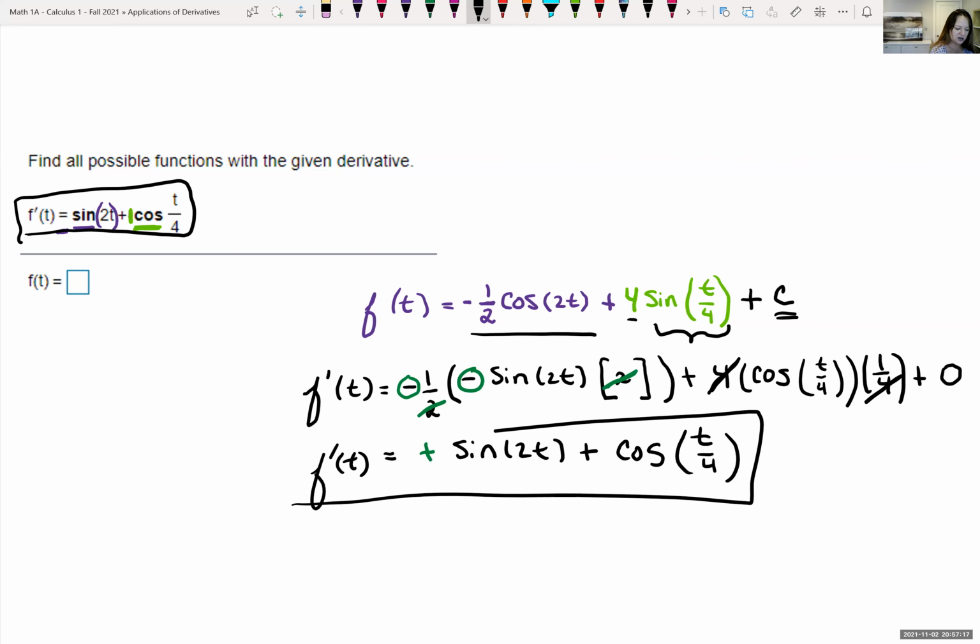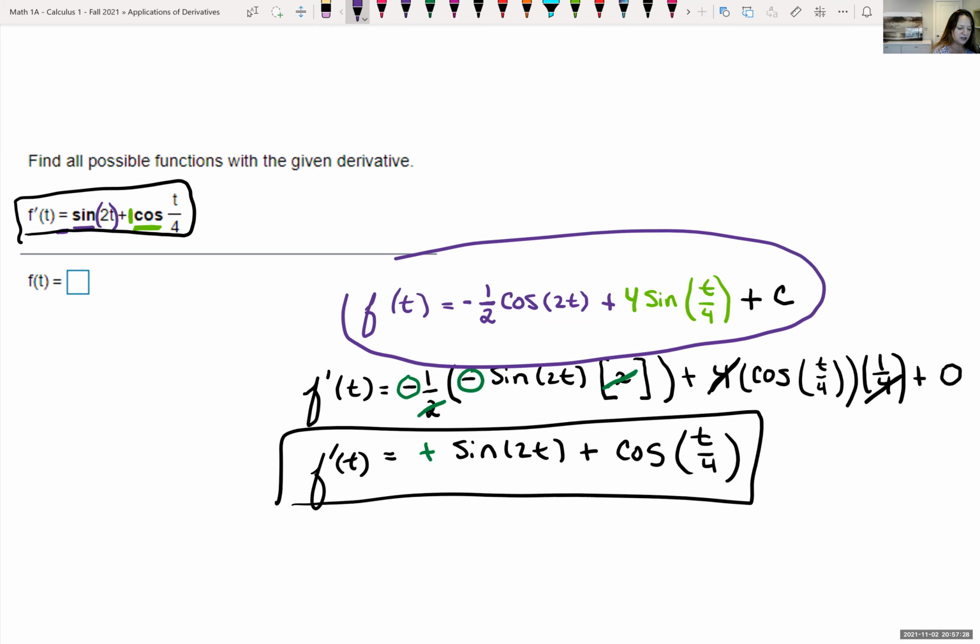And that's what I wanted to show. So we found out what the original function was given the derivative function.